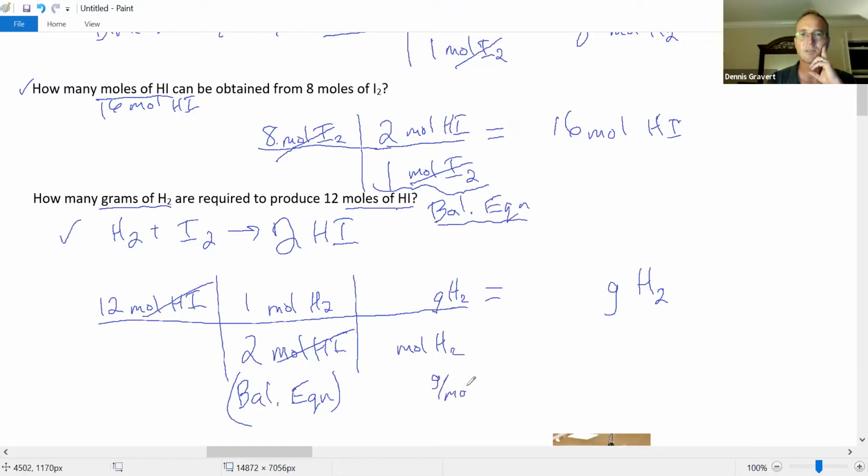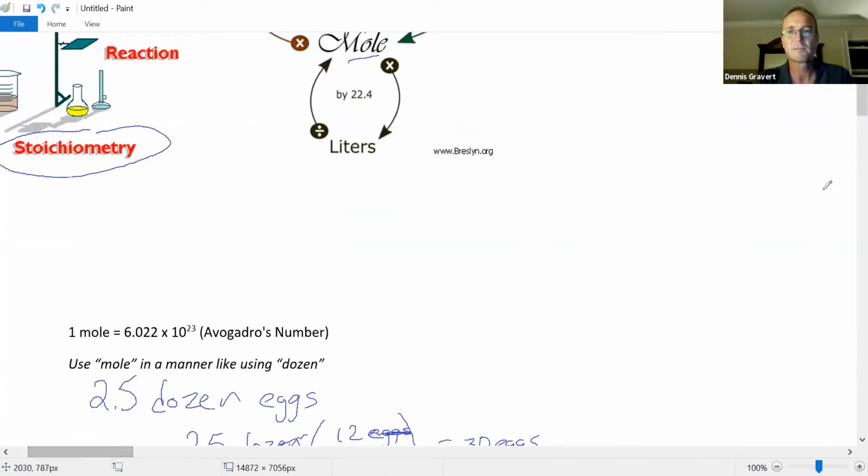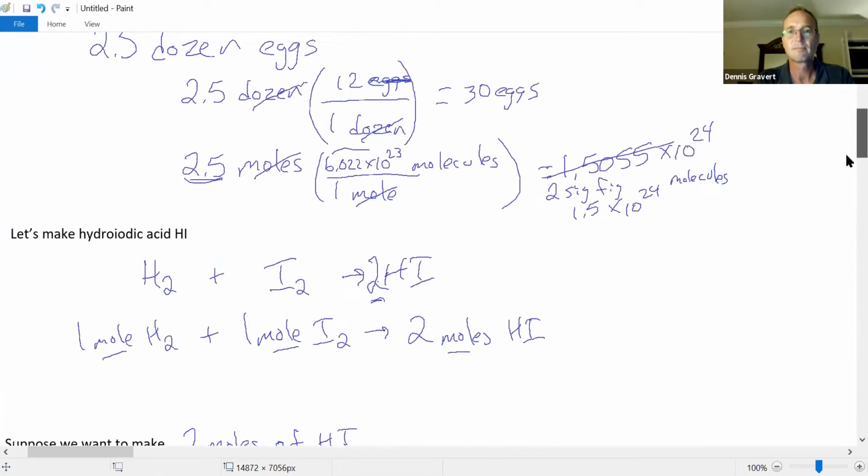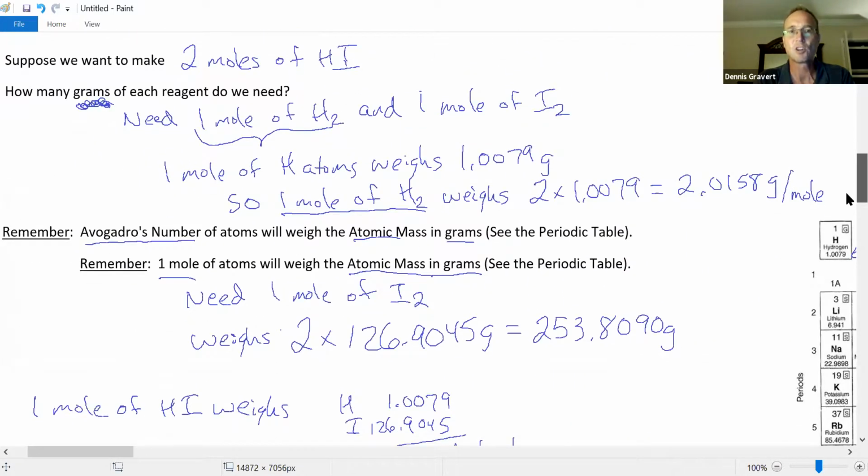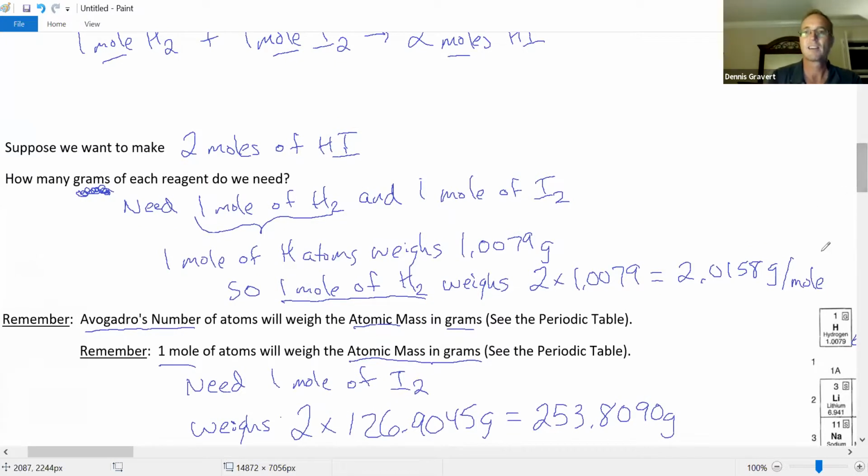We need a conversion factor that has units of g over mol. Did I put it over here? Well, we talked about molar mass. There it is. So here's the molar mass of hydrogen gas. Go to the periodic table.